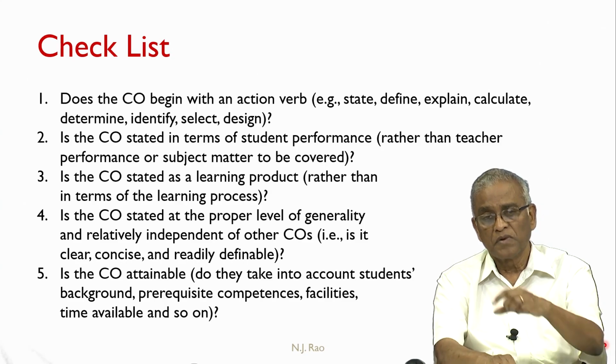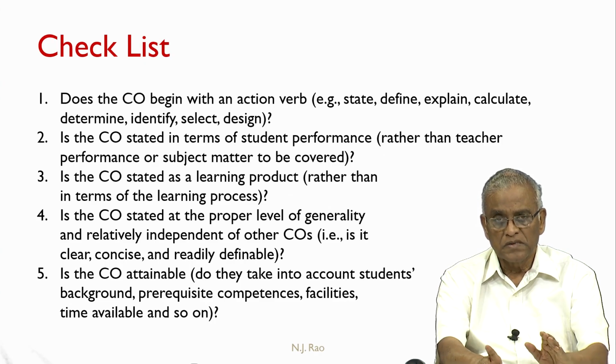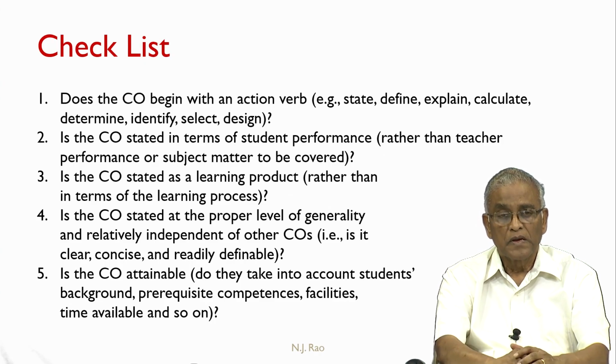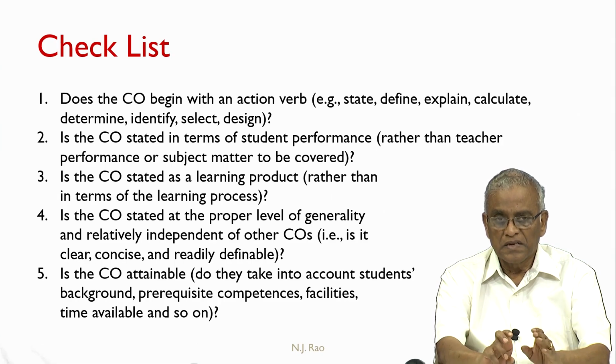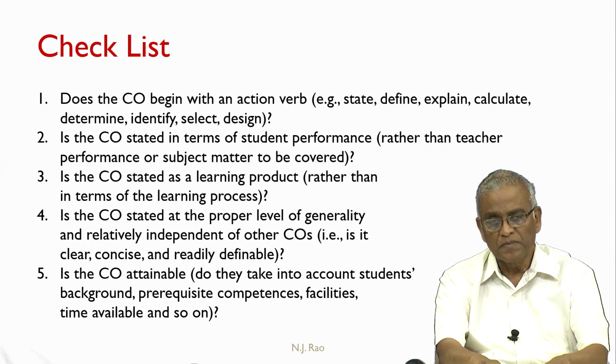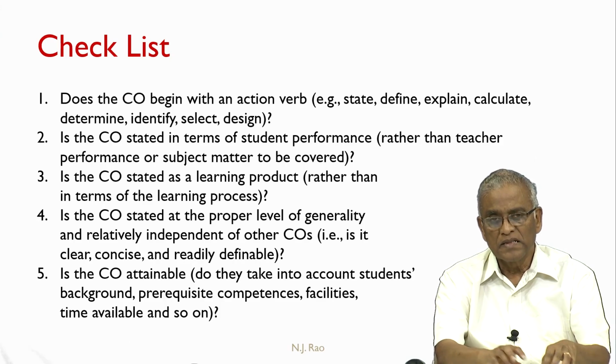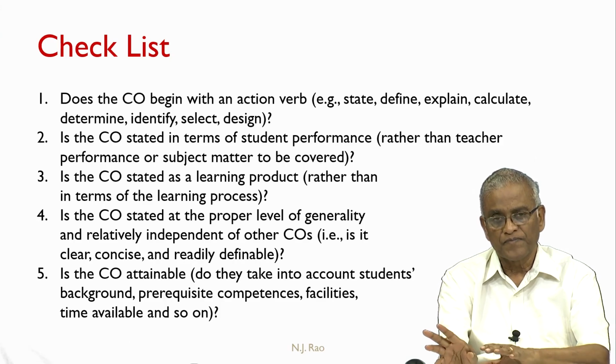You should always remember the initial stem, what the student should be able to do. So it is in terms of student performance. Is the CO stated as a learning product rather than in terms of learning process? This is a common mistake, and many times teachers write first the process and then sometimes miss the product.